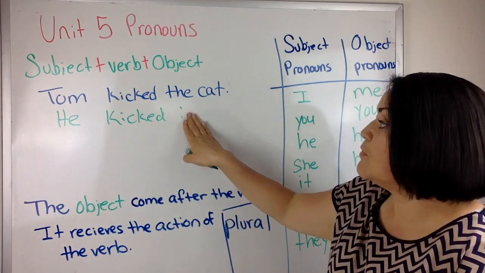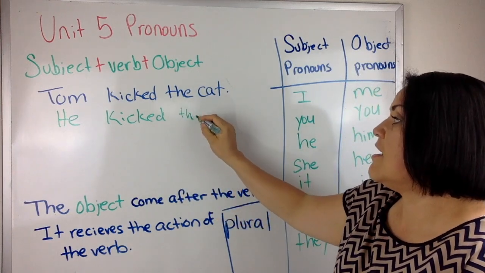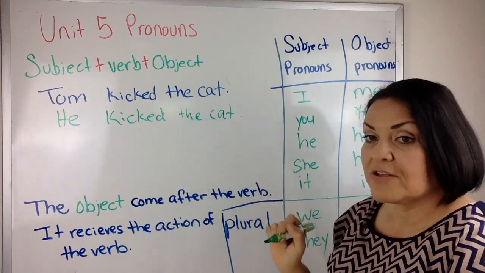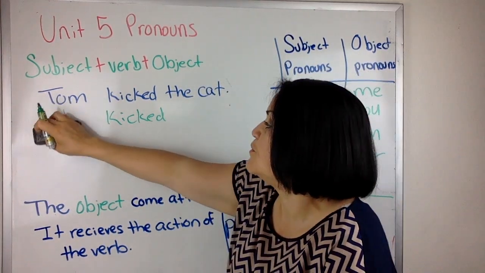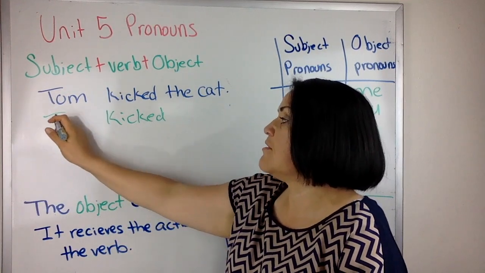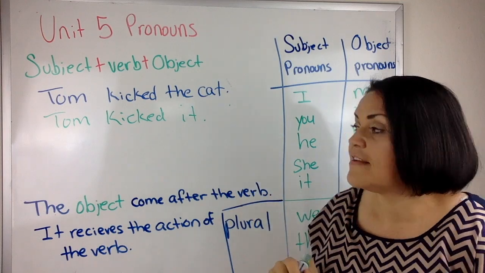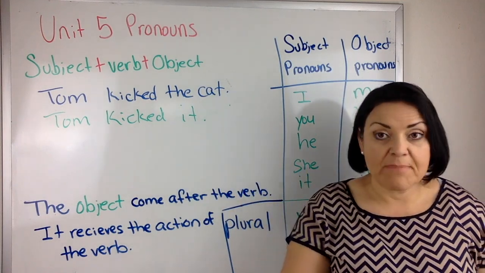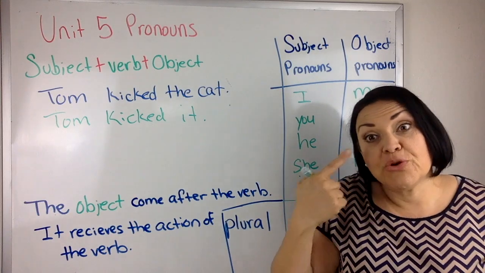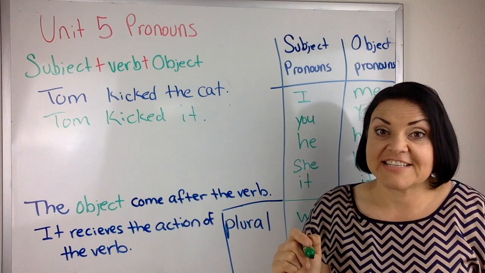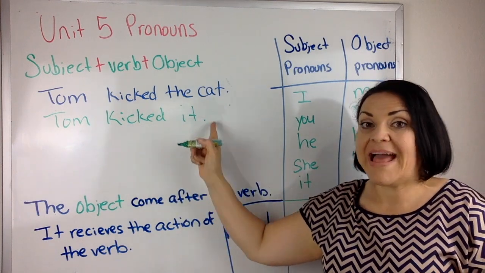Or we can just leave that one. Or we can always change it to leave the regular noun. Tom kicked it. Because we could see the cat walking by, and I can say, Tom kicked it. And you and I will see that it's a cat. So the object pronouns come after.